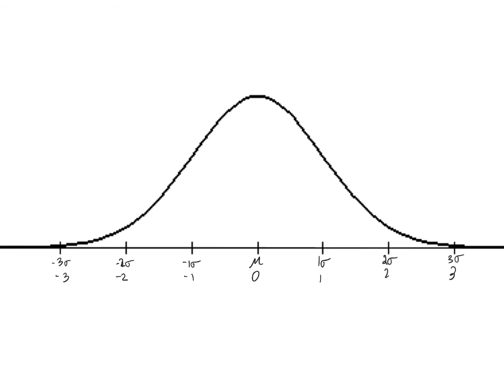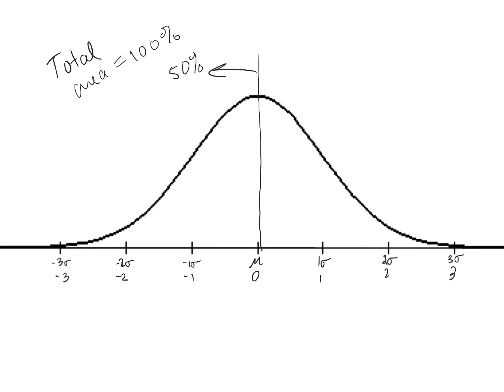The total area is equal to 100%. Everything is somewhere under this whole model. The mean is the halfway point, so half the data is below the mean and half is above. They're symmetrical. What's on one side is equivalent to the other side.